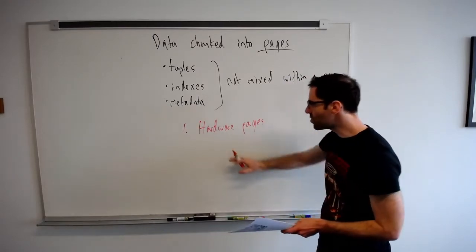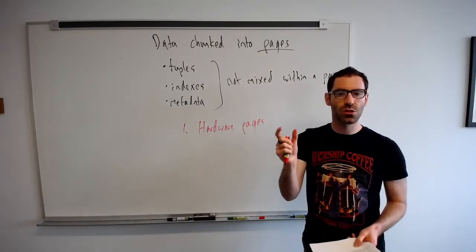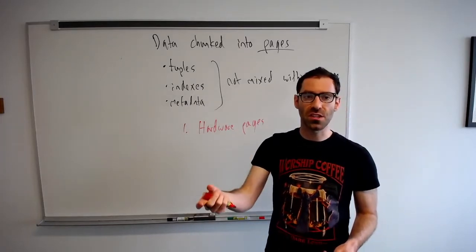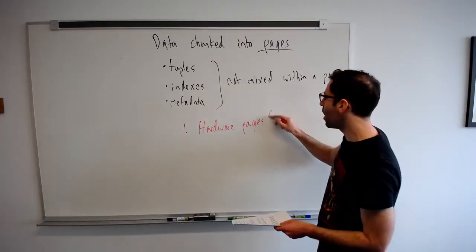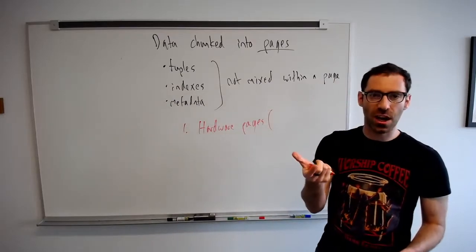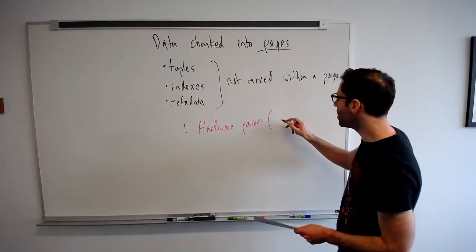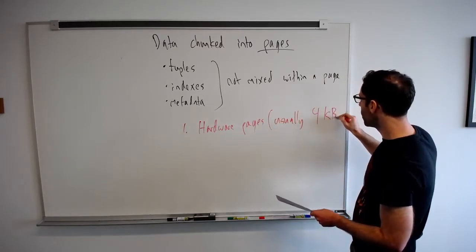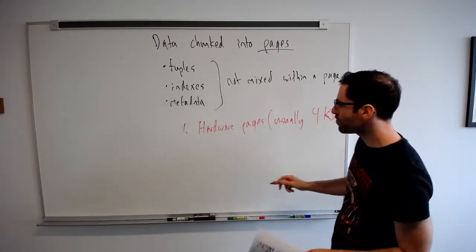And these are the chunks, the pages or blocks defined by the actual storage device, like the solid state drive or the hard disk drive. It will have a page size that it works with, and these are usually 4 kilobytes in size.